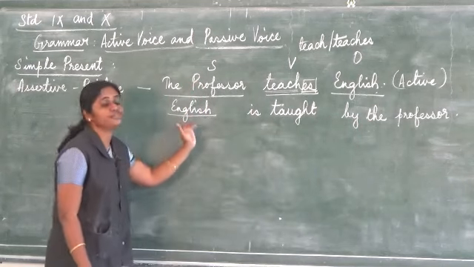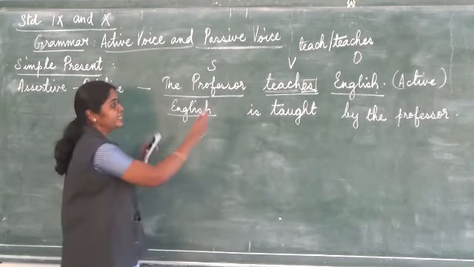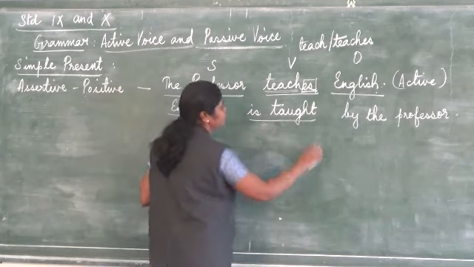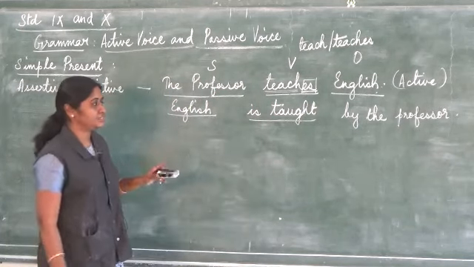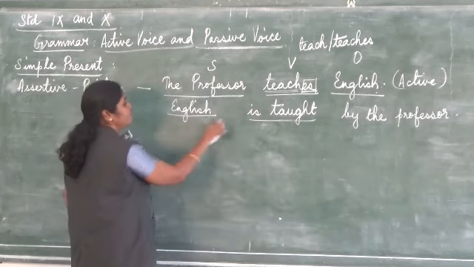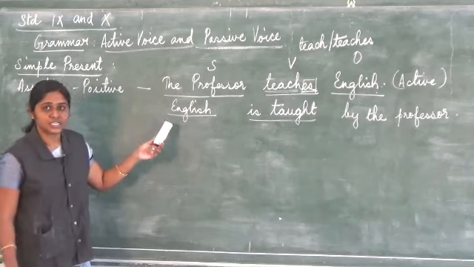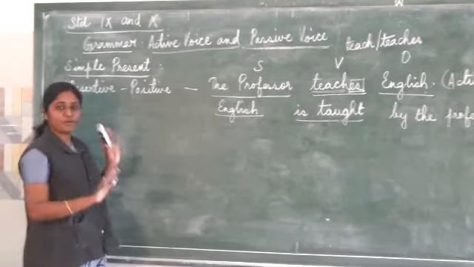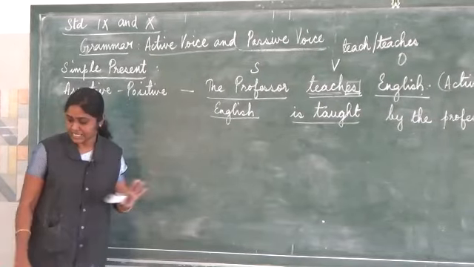So from the active voice we have got the passive form by interchanging subject and object and writing the verb in its passive form. This is the past participle and this is the auxiliary verb for this singular subject. This is with the positive sentence, which we saw in the last class itself.